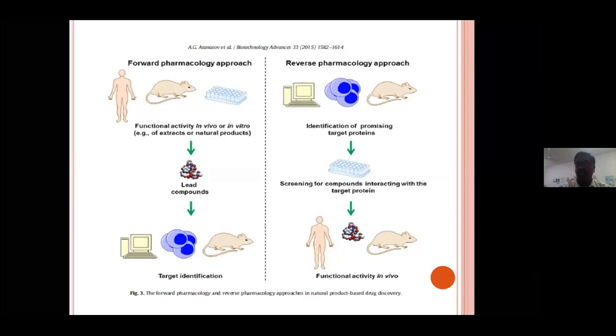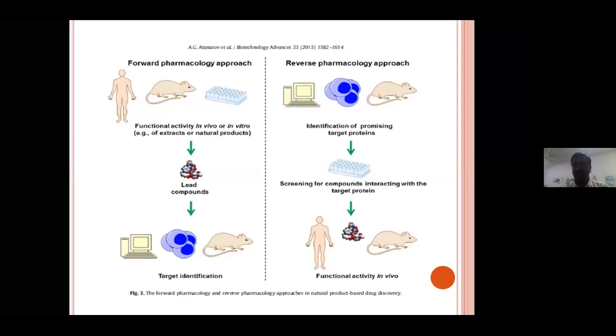Then I am going to incubate that enzyme with the particular test extract or particular compound. Then I will see how much that extract binds to that particular membrane or enzyme or protein.